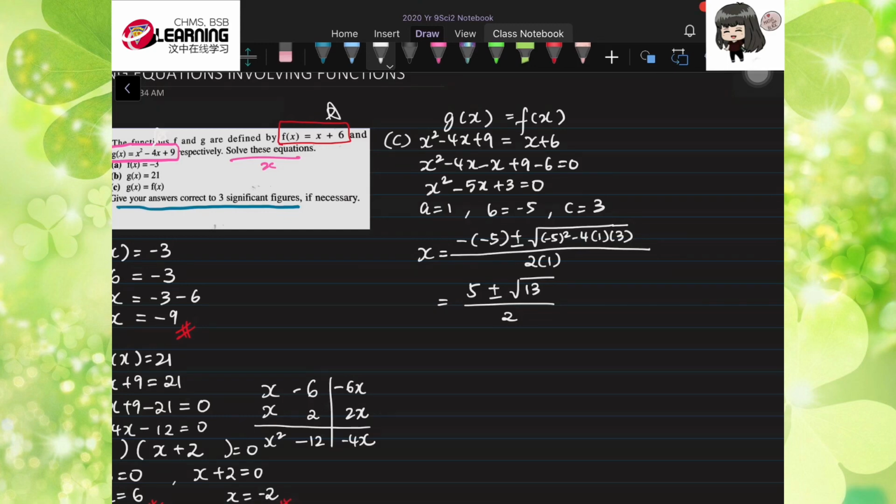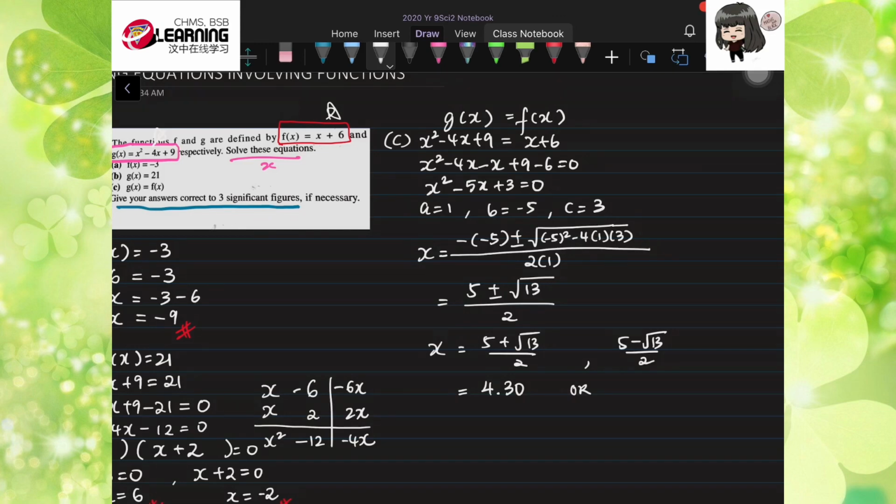So we have two answers. One is 5 plus square root of 13 over 2, and the other one is 5 minus square root of 13 over 2. When you press calculator, you can try yourself, try to do it on your own.